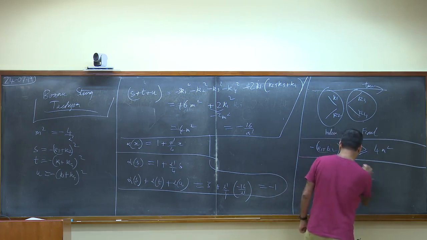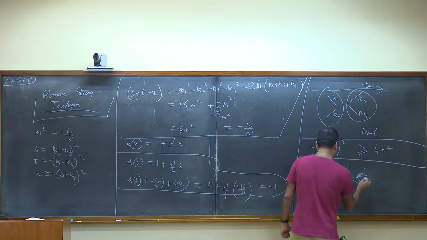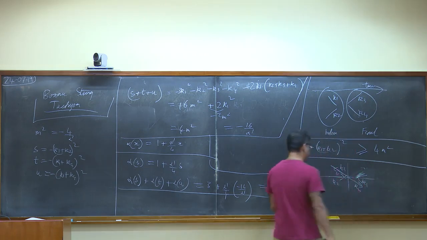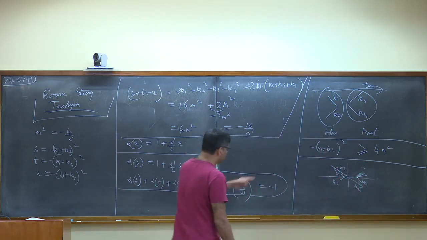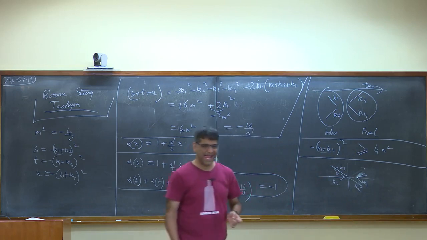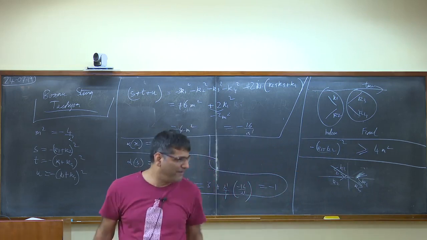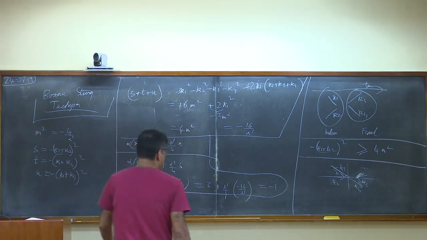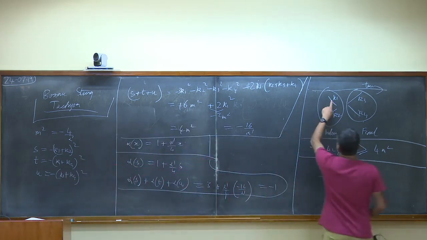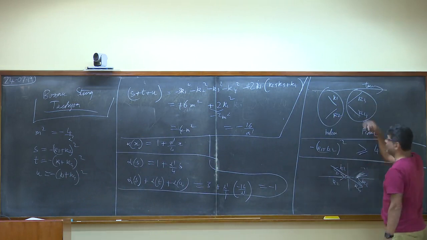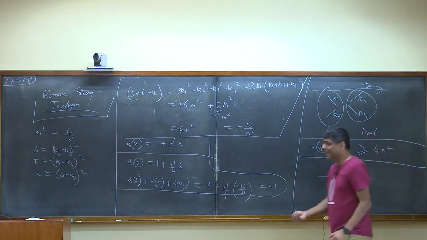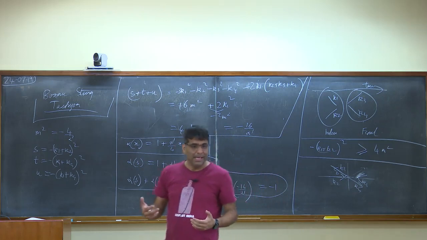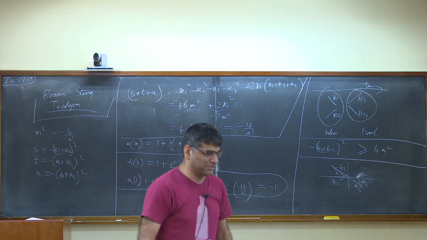And you should understand these diagrams appropriately in the sense I'm drawing just the spatial momentum. But of course, there is space-time momentum. Okay? Now, in our conventions, K1, K2, K3, K4, let's say, are always drawn with momenta going into the process.